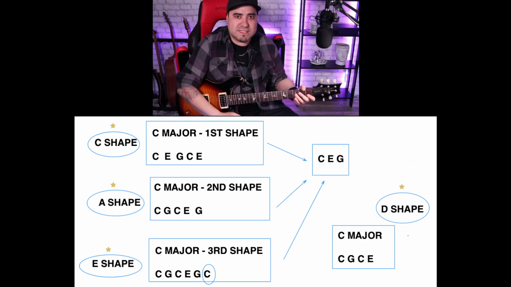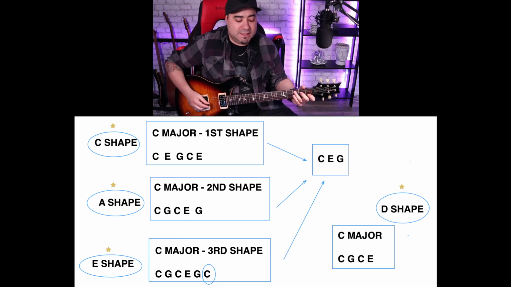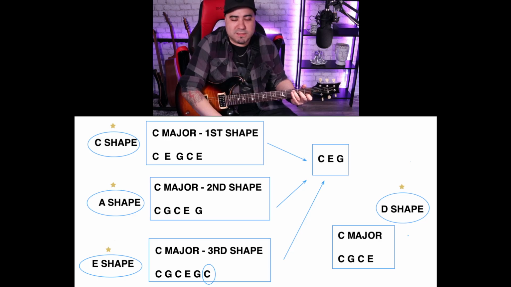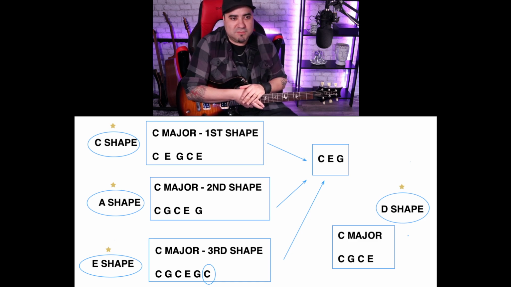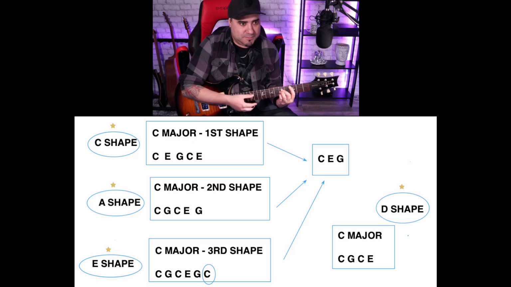Okay, another way to practice this is when you're playing in a project or in a band and the other person is playing that C major chord. Instead of playing the same chord as the other person, you can move on and play the other C major chord, which will generate the same notes, but in a different order, right?